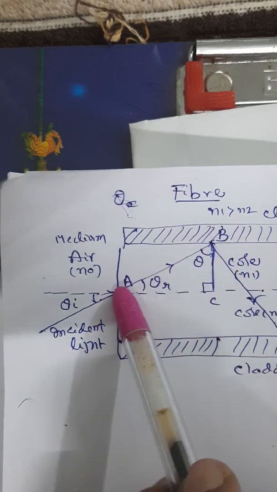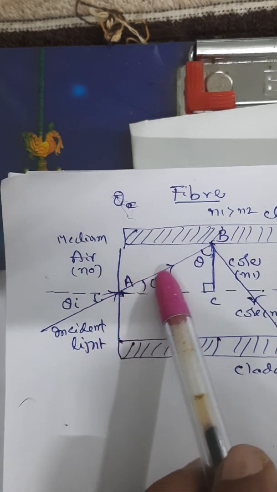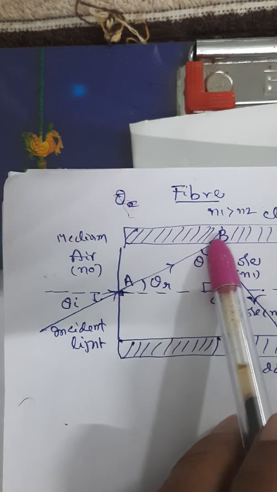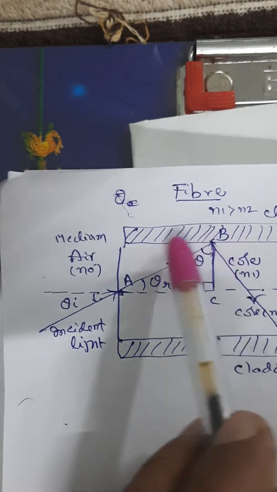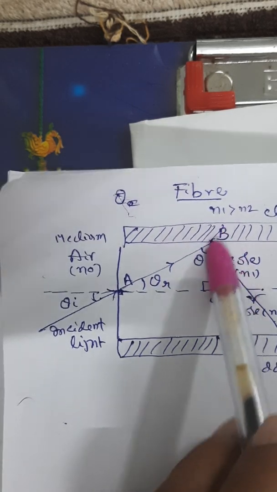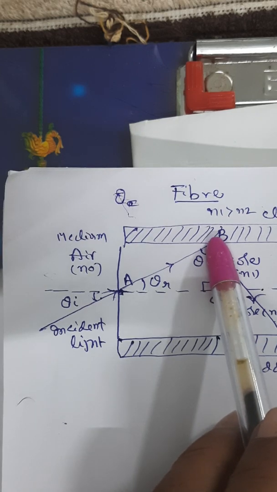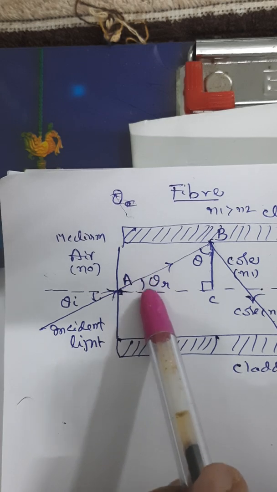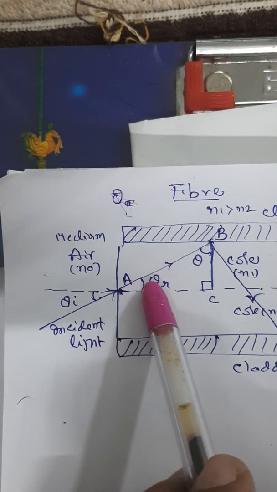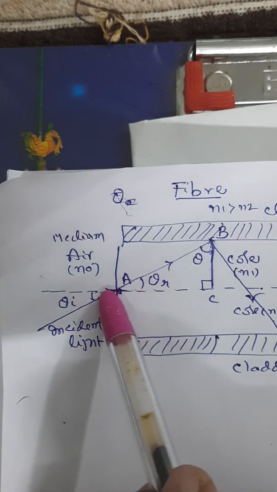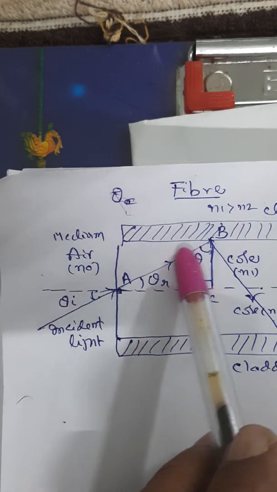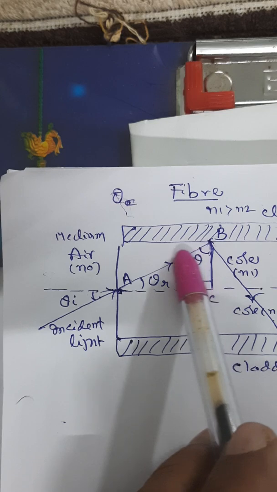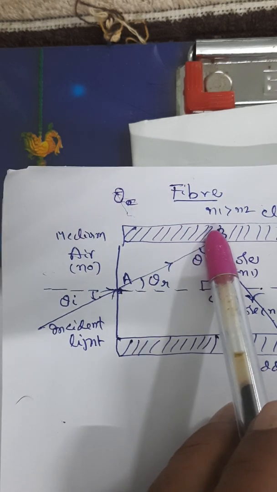Let this point be B. In the core, it travels along AB and is incident at point B at the core cladding interface. Then theta R is the angle of refraction at point A, and here this angle theta is the angle of incidence at B.